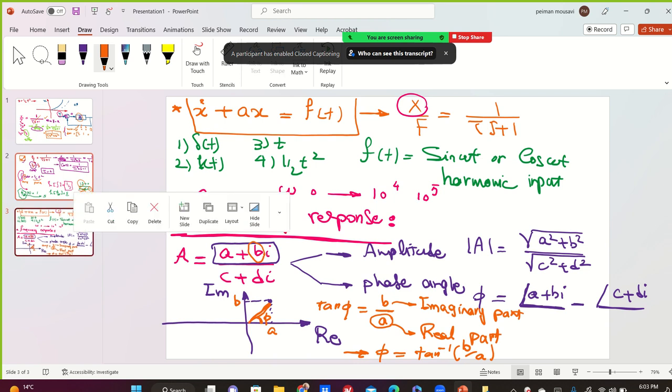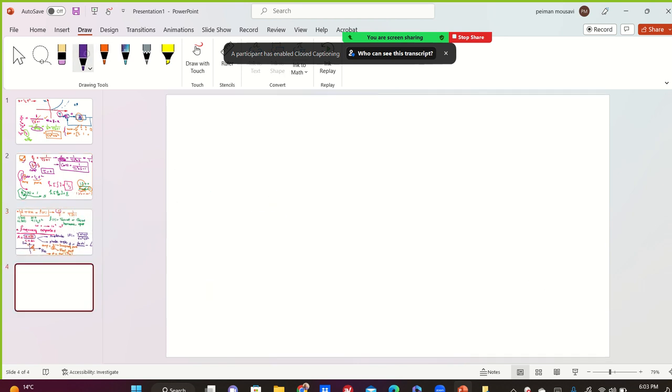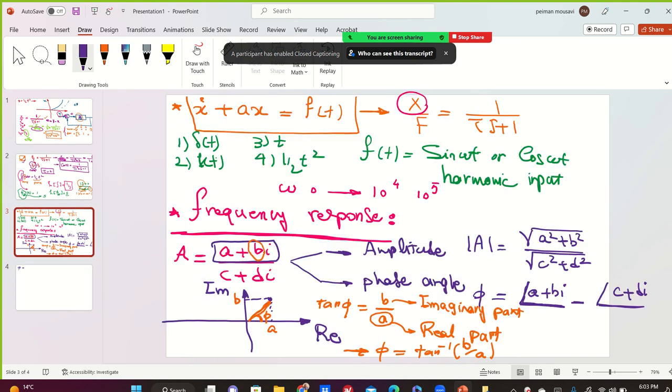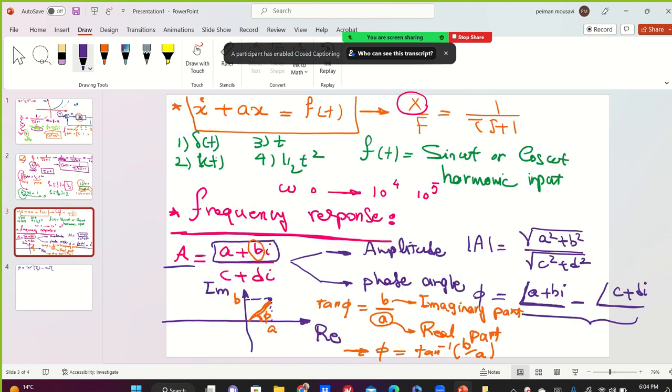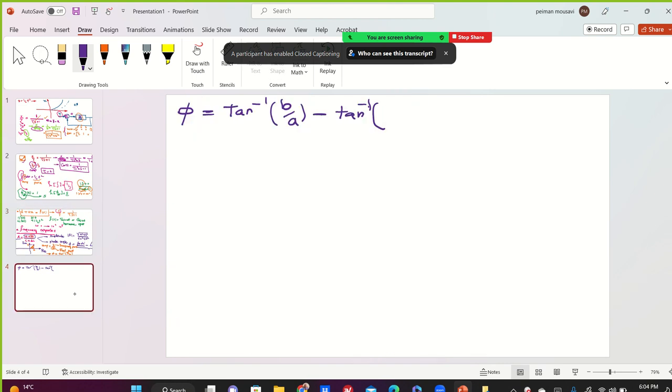So when I say phi for this, it means arctangent of the imaginary part, B over A, minus arctangent of D over C. Here we go.